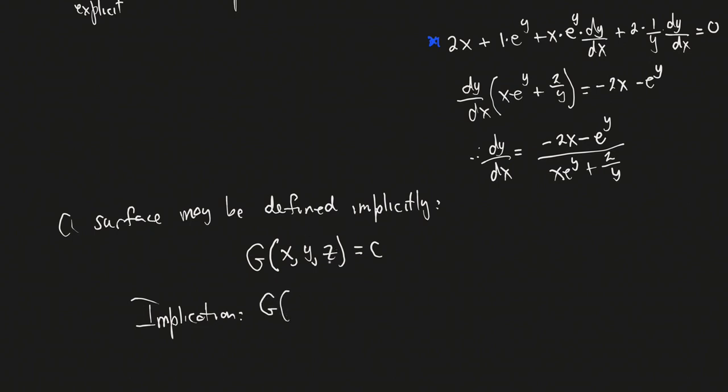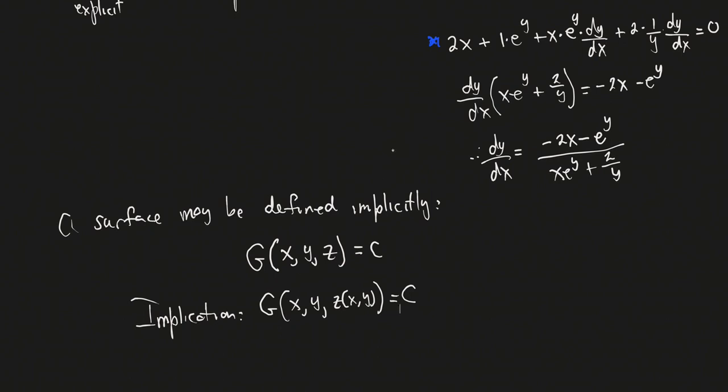So even though the equation might not be written like this, this is what is implied, right? And then our goal is to find the derivative of z with respect to both x and y, right? And the process is very, very similar.